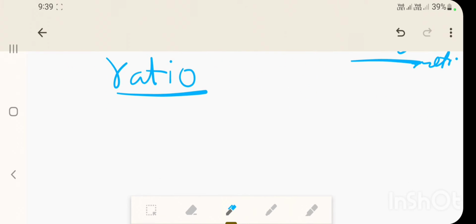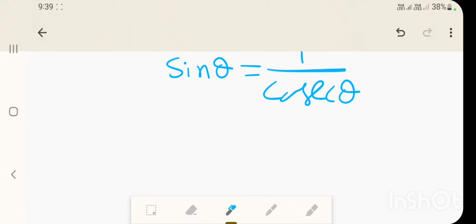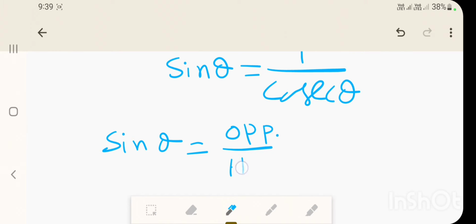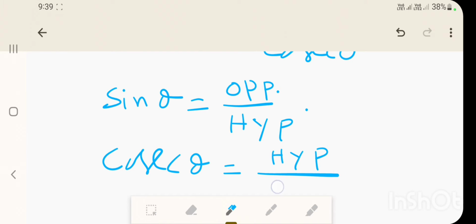Okay, we have seen sin theta, cos theta, tan theta, and the reciprocal of sin theta is 1 by cosecant theta. We know that sin theta is nothing but the length of the opposite side divided by the length of the hypotenuse, and cosecant theta is the reciprocal of this, that is the length of the hypotenuse divided by the length of the opposite side in a right triangle.